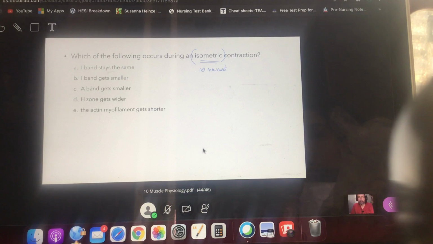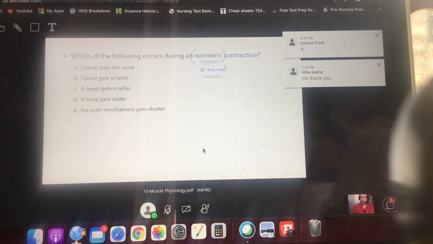If it's purely isometric, there's really no movement. And if you see a question like this on the test, assume no movement. Okay, so which of these happens during an isometric contraction?